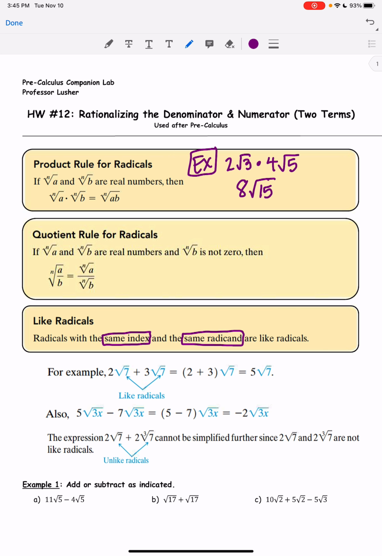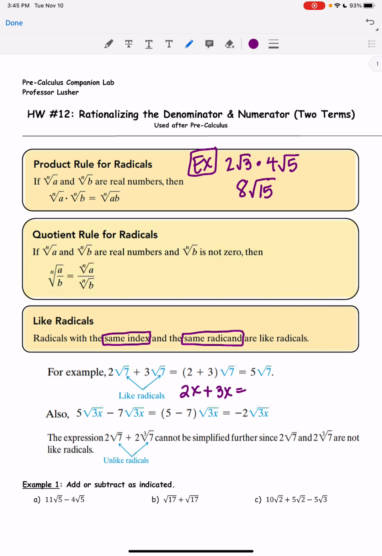A lot of people have trouble with this, and they remember to do the 2 plus 3 to get to the 5, but then they will add the square root 7 to make that square root 14, and that is incorrect. Think of that as the same as if you had 2x plus 3x. Those are like terms, right?